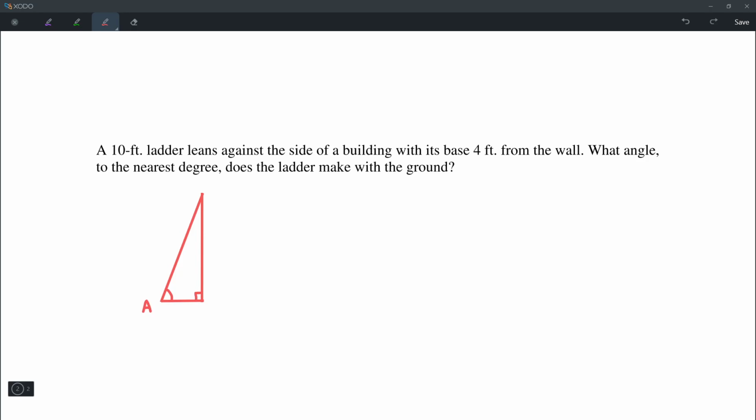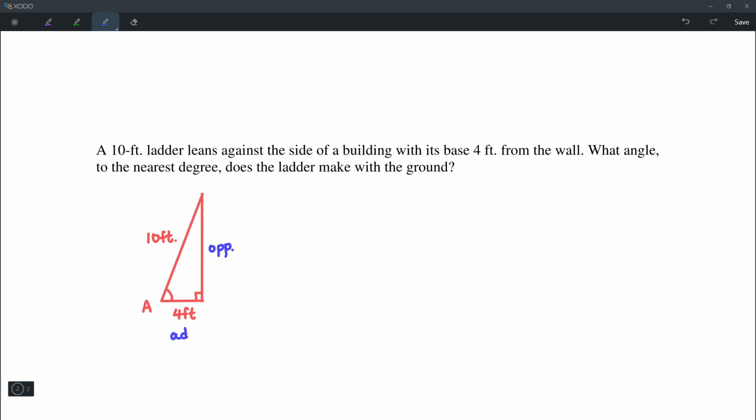Again, the ground and the wall make a right angle, and we have 4 feet here and 10 feet for the ladder. Okay. So we don't actually have the opposite side. If we go ahead and label the 3 sides, this is the opposite side of angle A, and we don't know what that is just yet.